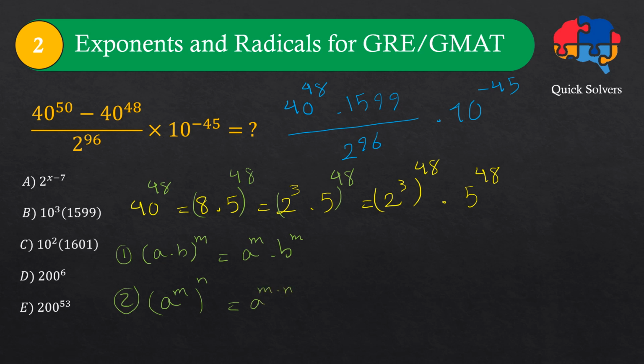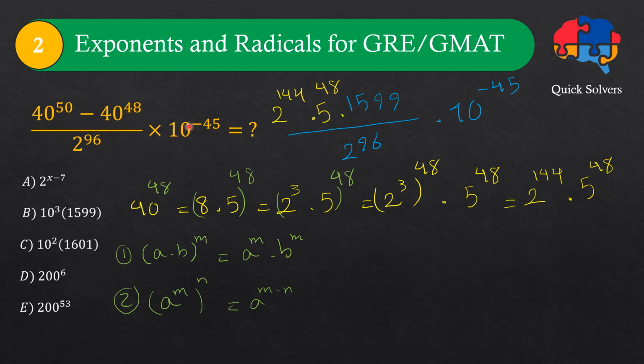That means I can rewrite this as 2 to the power of 3 times 48, which is 144, times 5 to the power of 48. So I can replace this 40 to the power of 48 by this new term, 2 to the power of 144 times 5 to the power of 48.